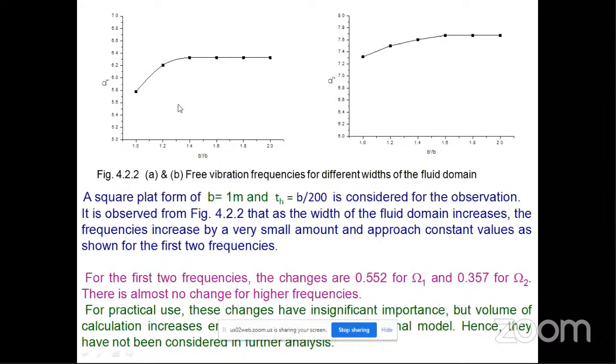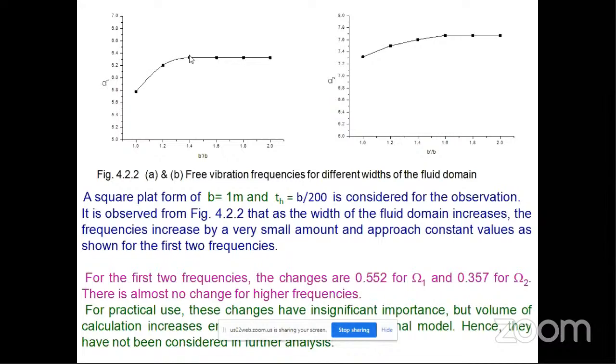If I consider 1.4, that is beyond 1.4 times or 40% excess, in those cases, suppose my plate is, let us say, 100 meter by 100 meter, a large platform.